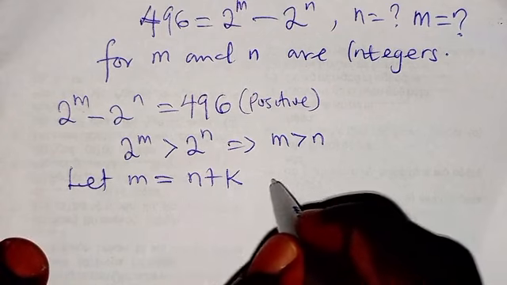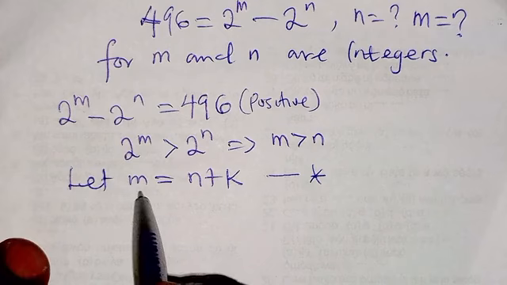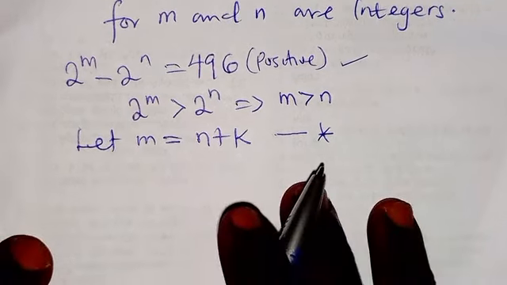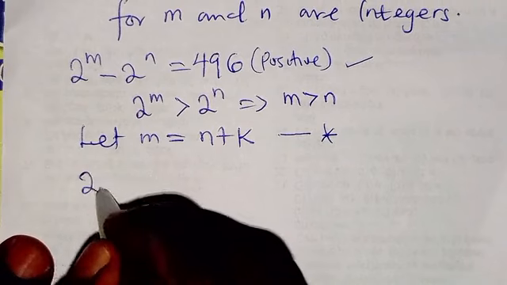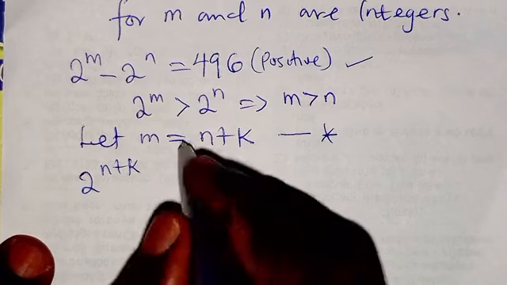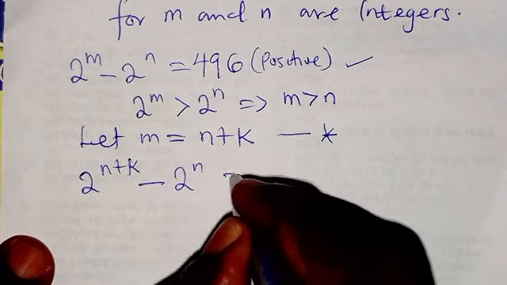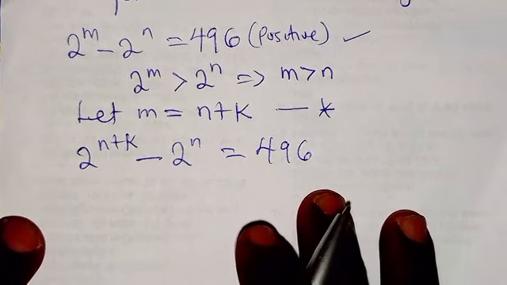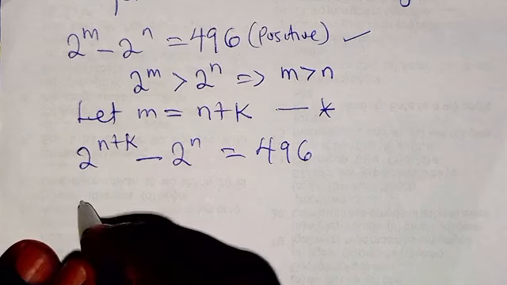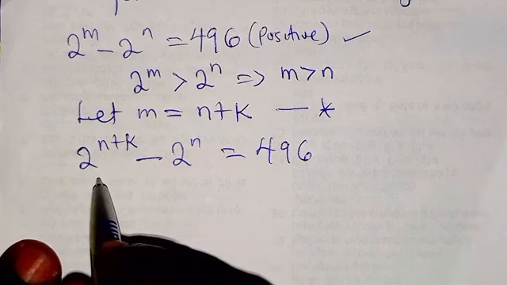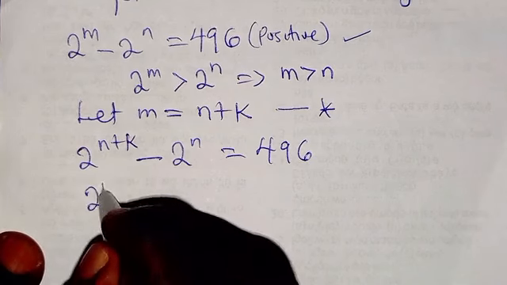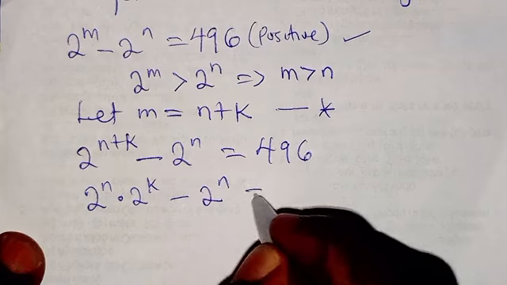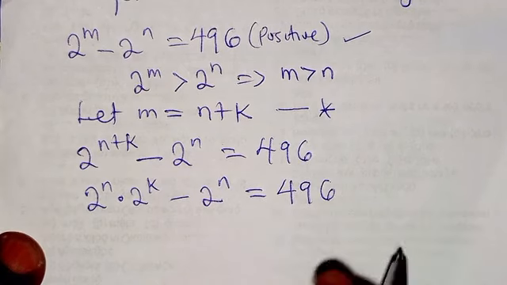So now from there, we're going to replace anywhere you see m in this equation by n plus k. So we're going to have 2^(n+k) minus 2^n equals 496, right? From the law of indices, we can write that as 2^n multiplied by 2^k minus 2^n equals 496.